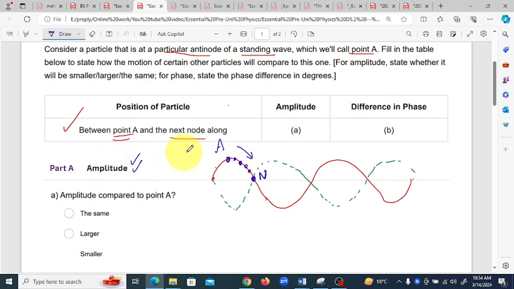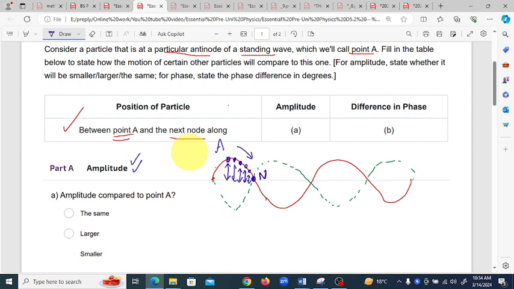As we know, the amplitude of all other particles is smaller than A, because A has the maximum displacement, meaning it has the maximum distance from the equilibrium line, but the other particles have a smaller displacement, a smaller distance from this central line.